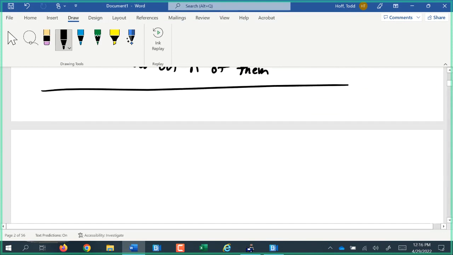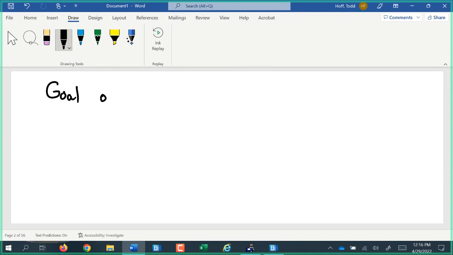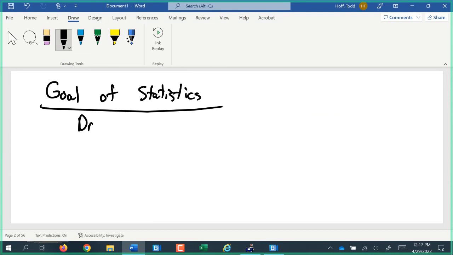So, like we said, the whole goal of statistics is to estimate or draw conclusions about those population parameters.